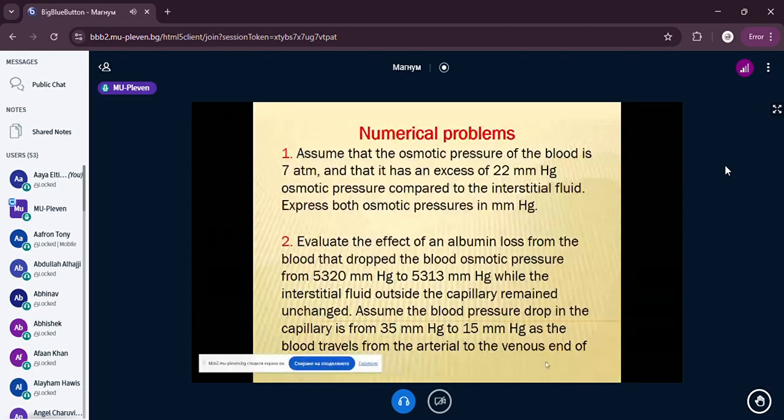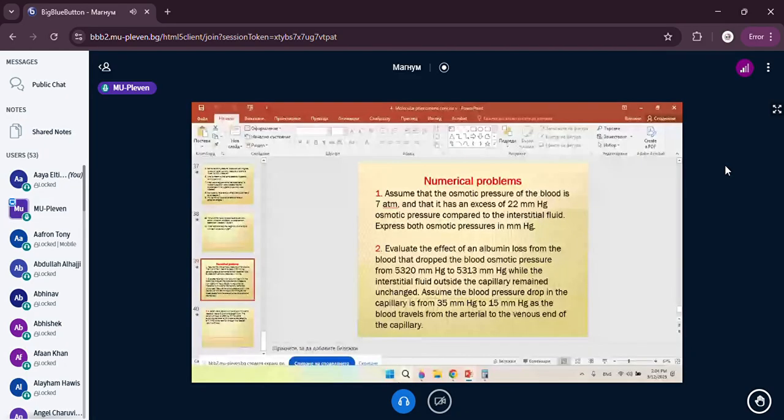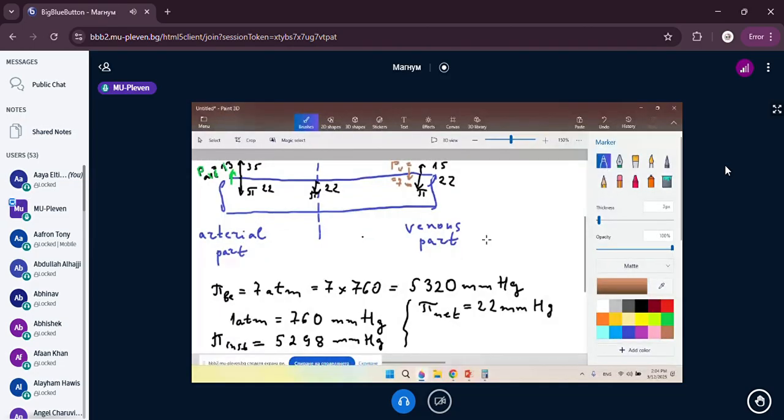And everything else, let us consider the same. What would be the result of this albumin loss? Change in blood osmotic pressure by 7, reduction by 7 millimeters of mercury. So let us see my picture, not so nice as in the presentation, but useful, I hope. So thus, blood osmotic pressure, instead of 22, is reduced by 7 millimeters.